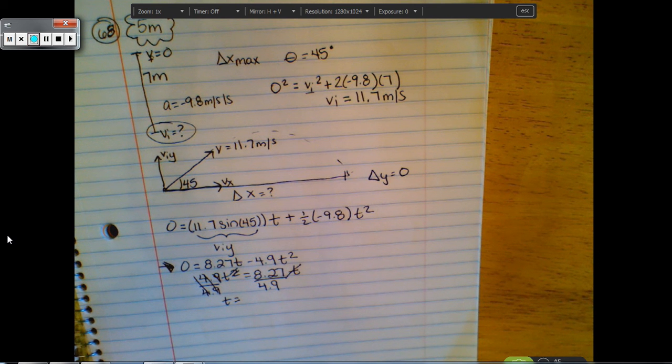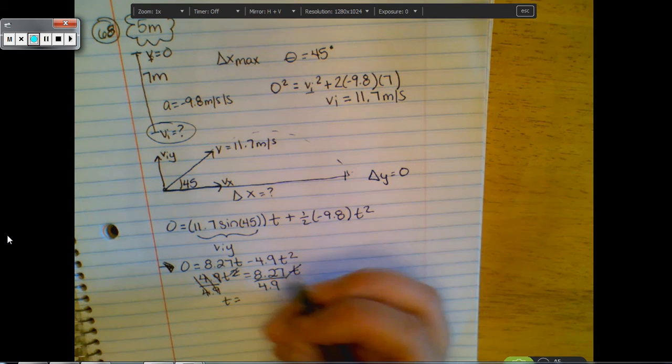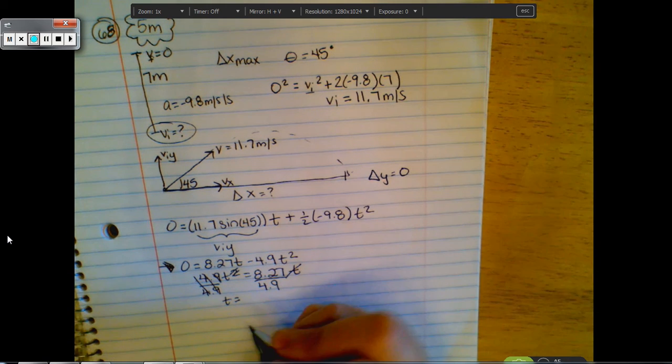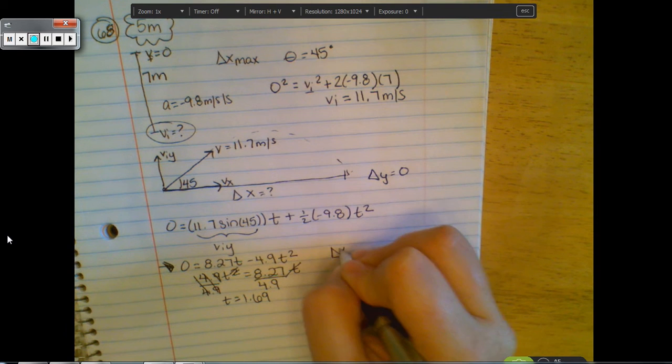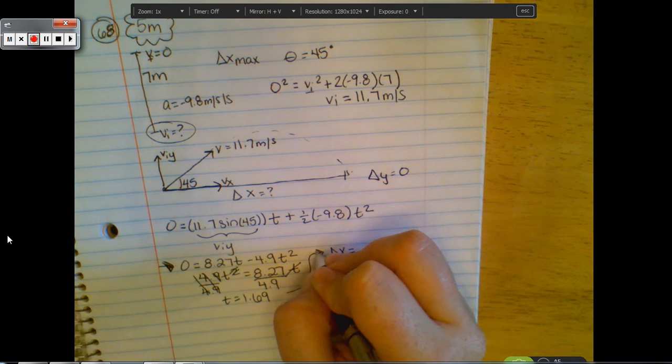So we get t equals 8.27 divided by 4.9, 1.69 looks like, 1.69.